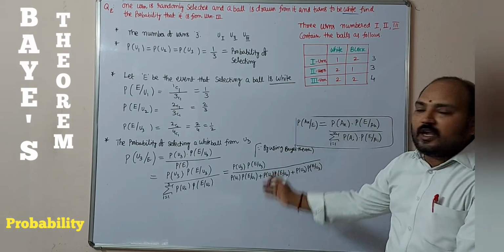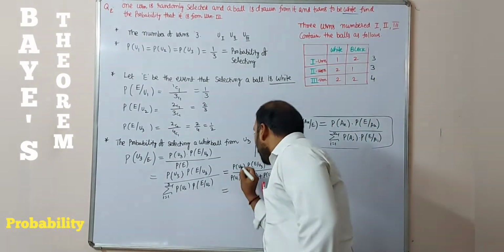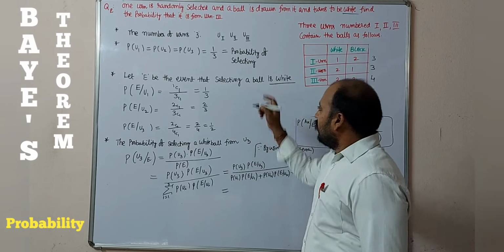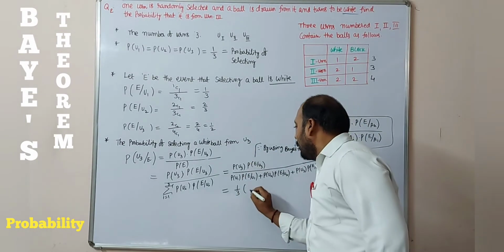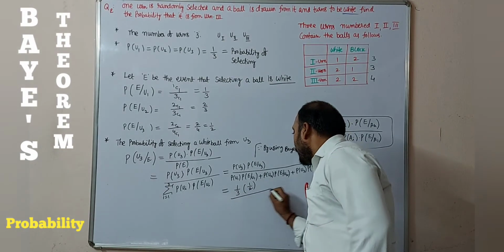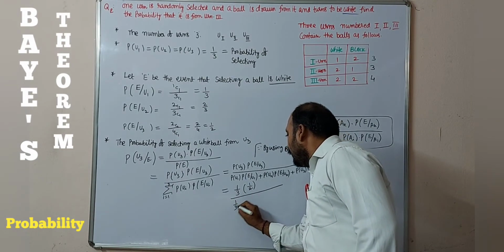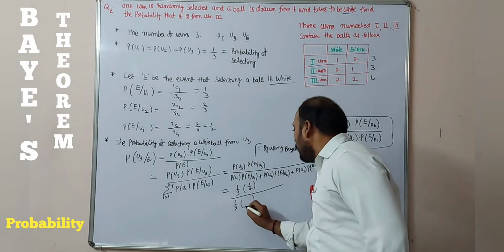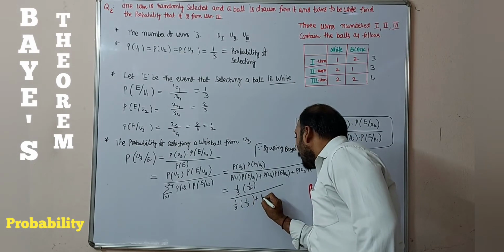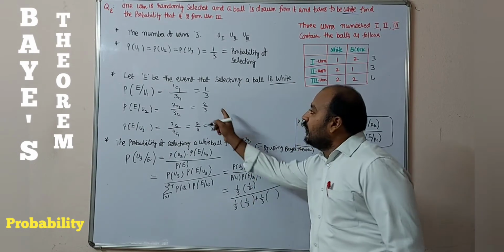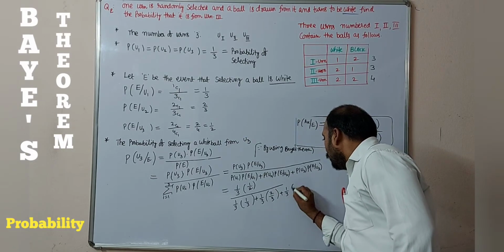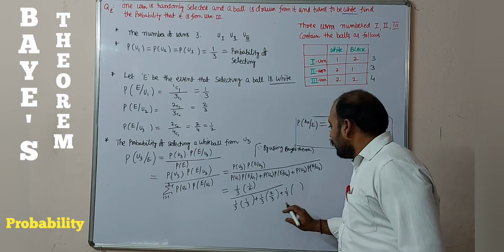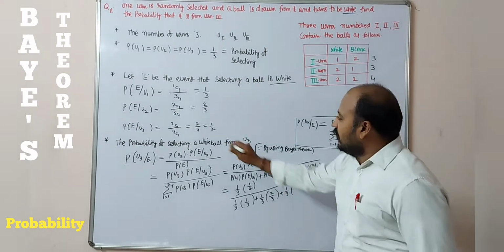So the respective values substitute here. P of U3 is 1 by 3 into P of E by U3, 1 by 2, whole divided by 1 by 3 into P of E by U1, 1 by 3, plus 1 by 3 into P of E by U2, 2 by 3, plus 1 by 3 into P of E by U3, that means 1 by 2.